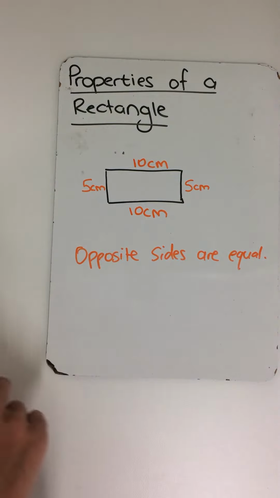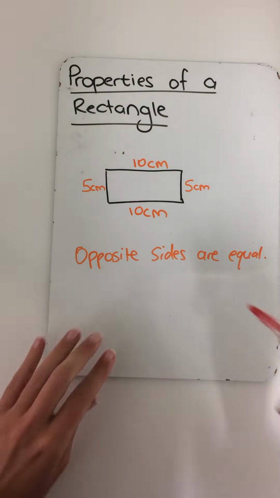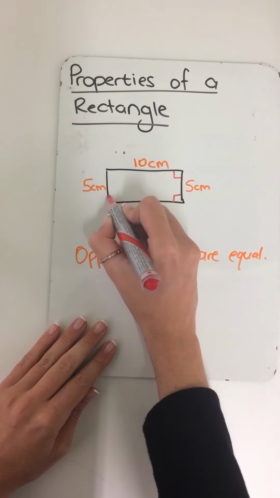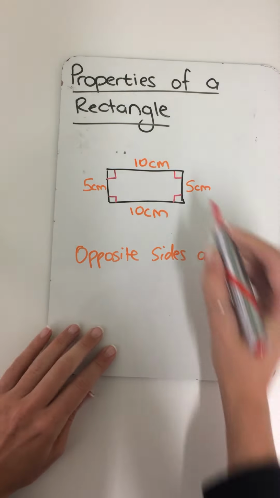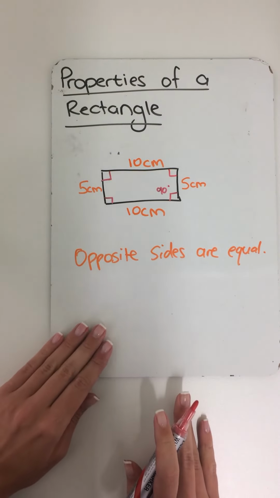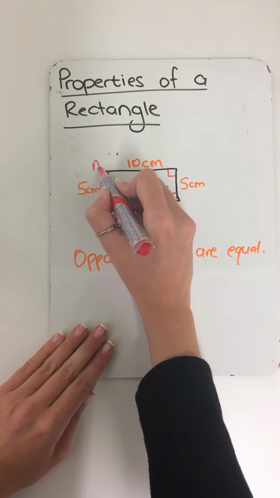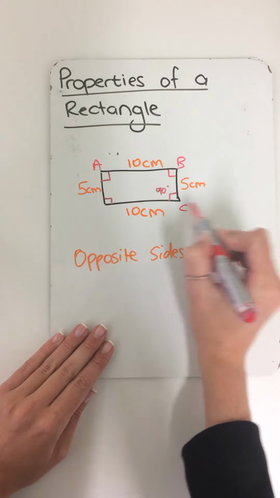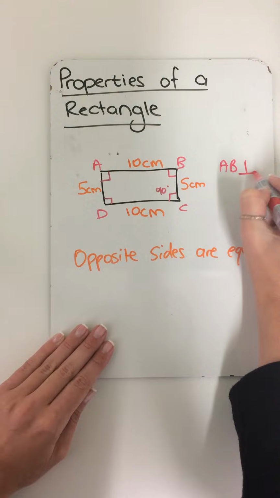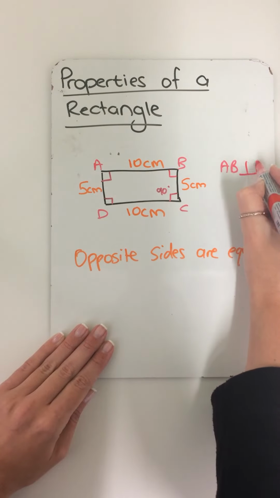The next thing that we need to know about a rectangle is, just like a square, all the corners of a rectangle meet at 90 degrees or right angles, and they are therefore perpendicular to each other. So if here we have A, B, C, D, line AB is perpendicular to line BC.